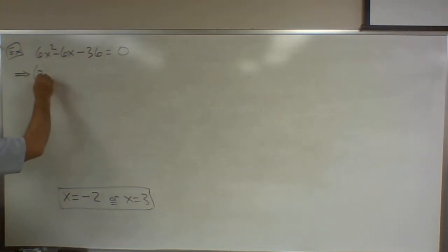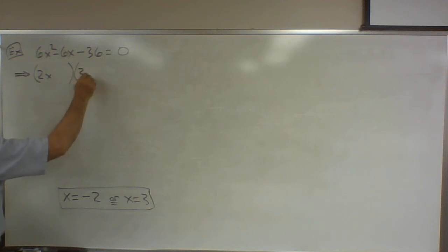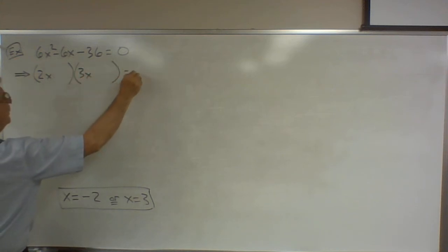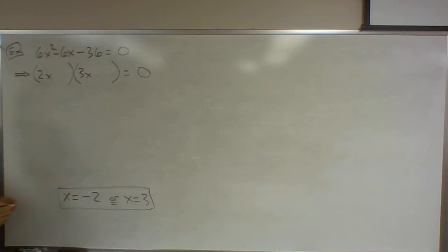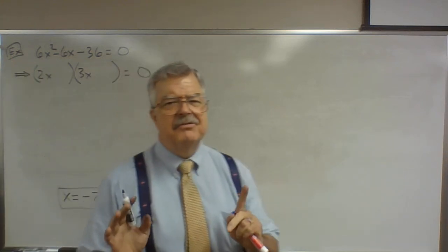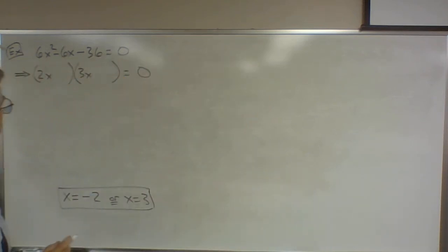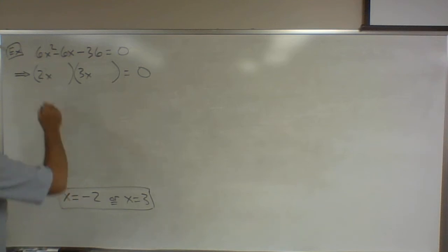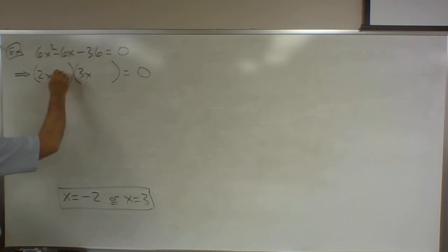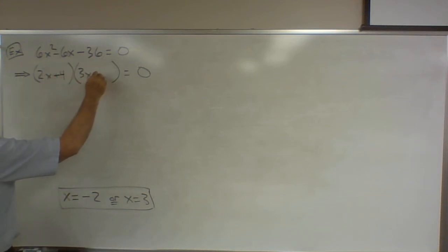If we factor, and I think this is the way that it factors, 2x times 3x is 6x squared. That looks good. And I think the way this factors, and this would involve some trial and error on our part, is +4 and -9.